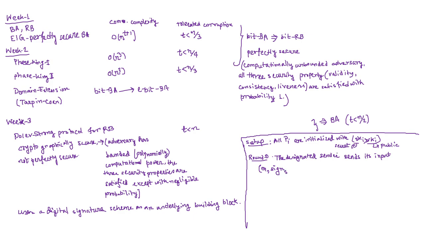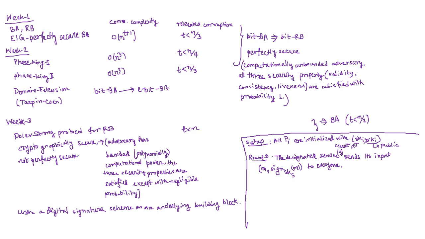If I denote the sender with capital S, so this S is any one party among P1 to Pn, so I am writing it with sender S. The SK of party S, the signing key of party S, will be used to sign this message M. So this input will be sent to everyone.